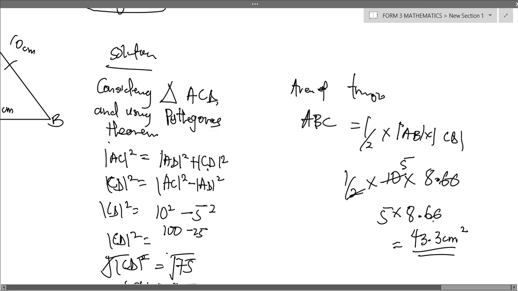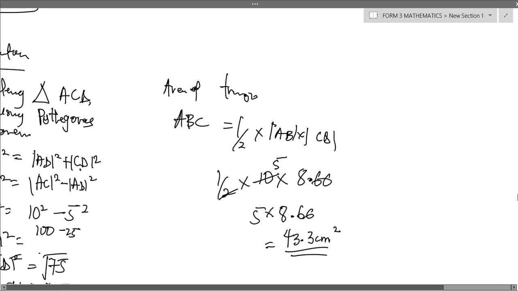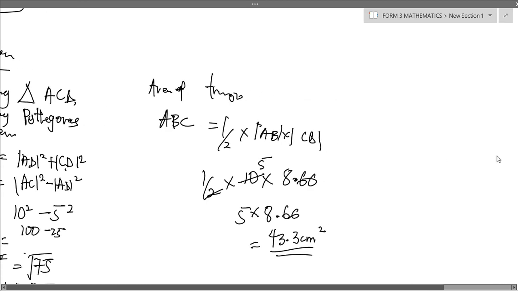How did we get the 43.3? It's simple. This is a decimal multiplying a whole number. So first of all, we move the decimal point 1, 2, forward twice. So we are going to get 866 times 5.